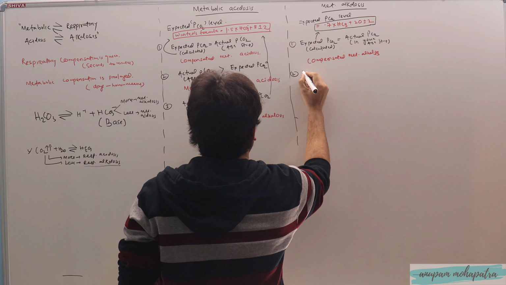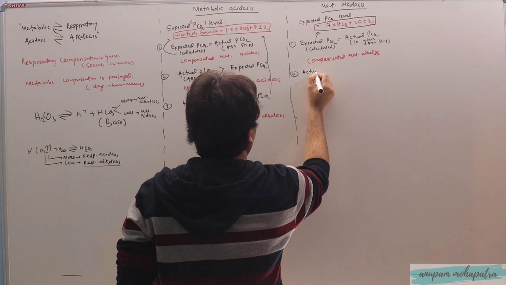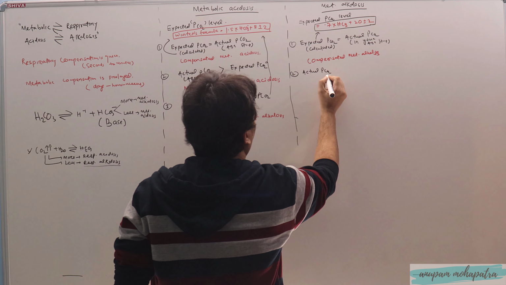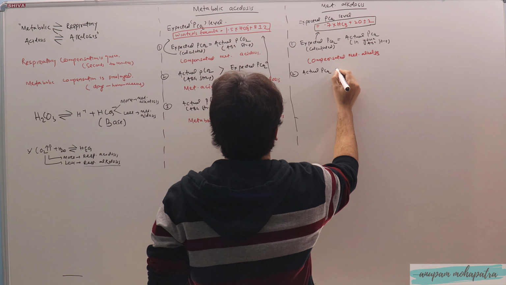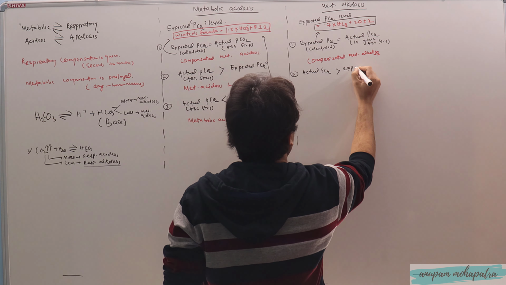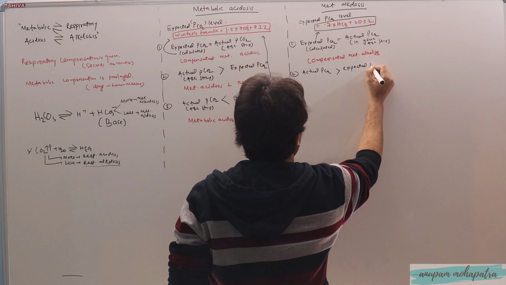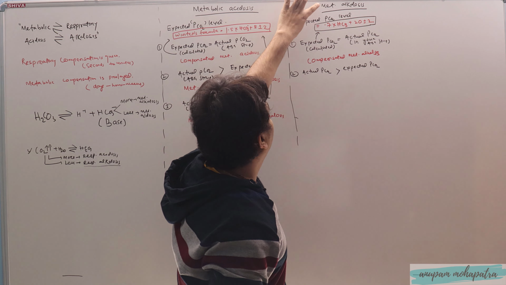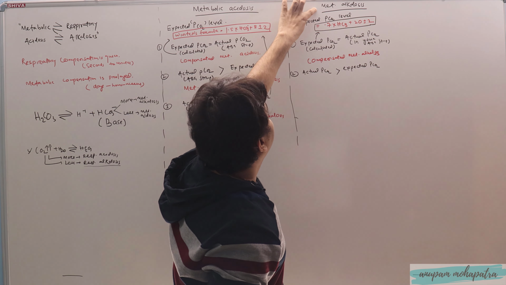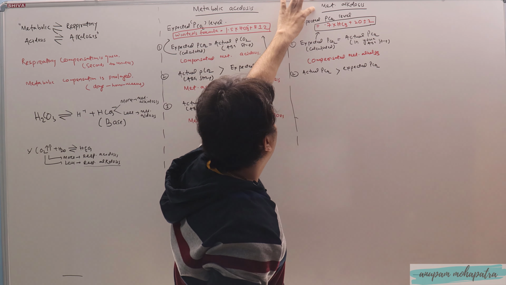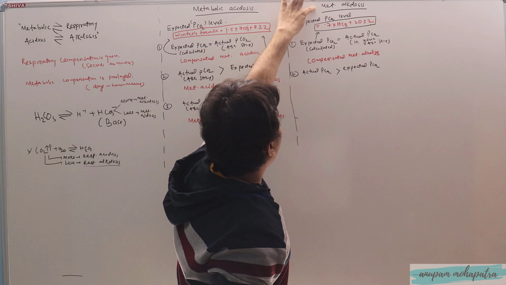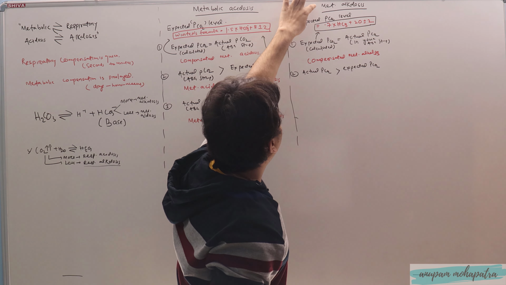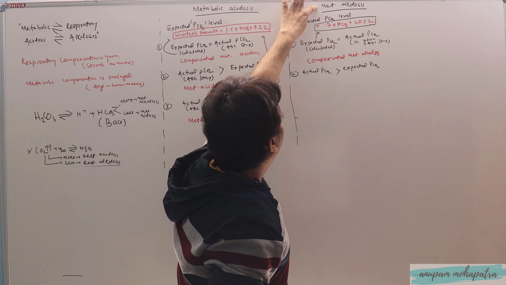We'll find if actual PCO2 is greater than expected PCO2. Now because there is a metabolic alkalosis, the body will try to produce a respiratory acidosis to maintain the pH at a normal level, right? So PCO2 will increase.